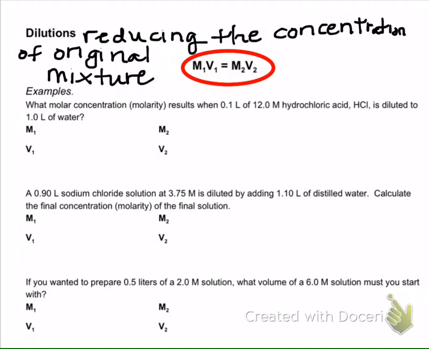Okay, so remember we talked about molarity. Molarity is the number of moles in a given liter. So if you have too much of something in a given liter, it's going to be too concentrated. So we perform what is called a dilution. Also, from a chemistry standpoint, a lot of the stock bottles that we get to do your labs are highly concentrated.